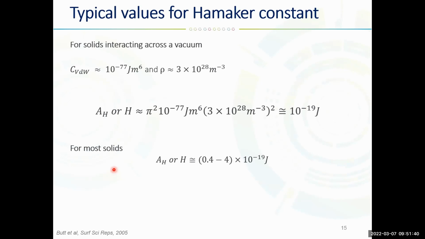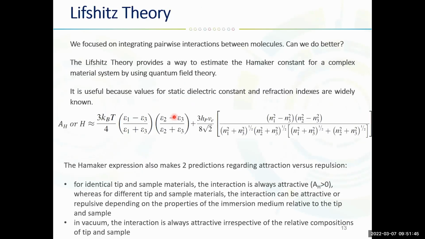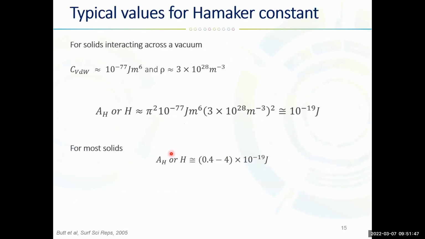But if you calculate all of this, then the value is about 10 to the power minus 19 or 10 to the power minus 20 joules. This range is the most widespread for material systems. So for most solids, you can think about the Hamaker constant as this big.